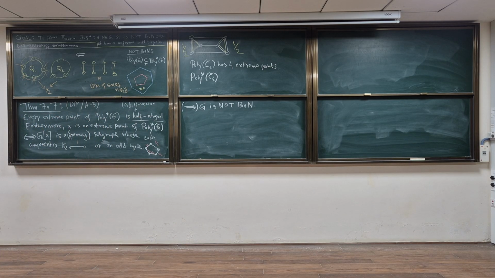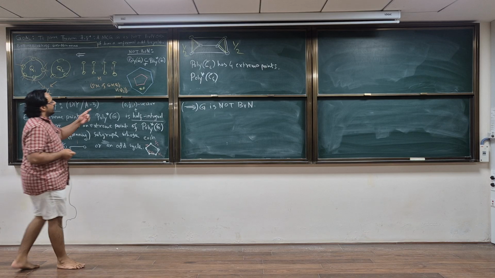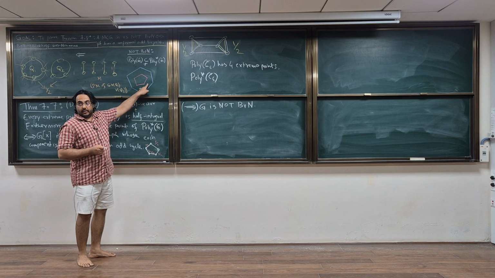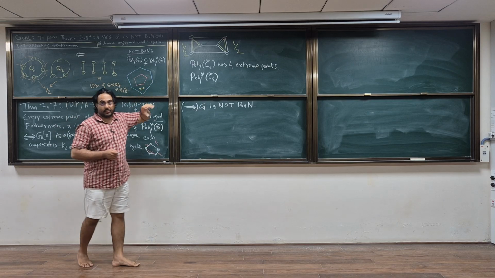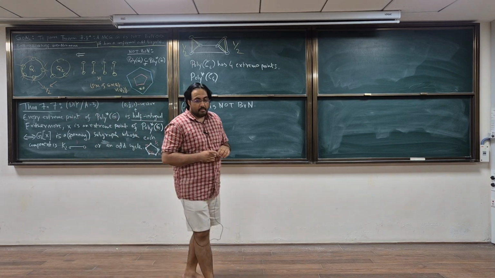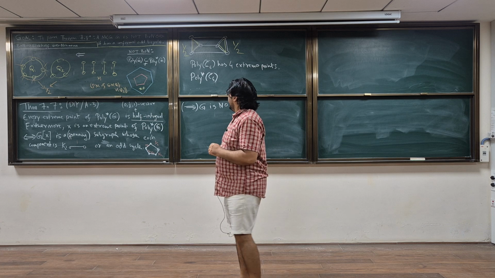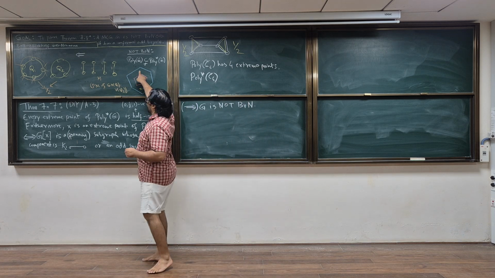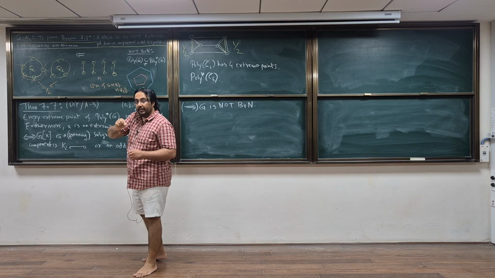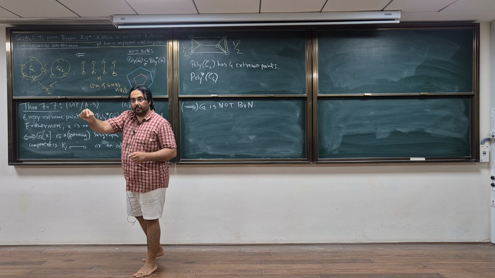Well, if it is not Birkhoff von Neumann, it means that this set is non-empty, right? The perfect matching polytope is properly contained in the fractional perfect matching polytope. But that also means that the fractional perfect matching polytope will have an extreme point that is not in the perfect matching polytope. Do you all agree?